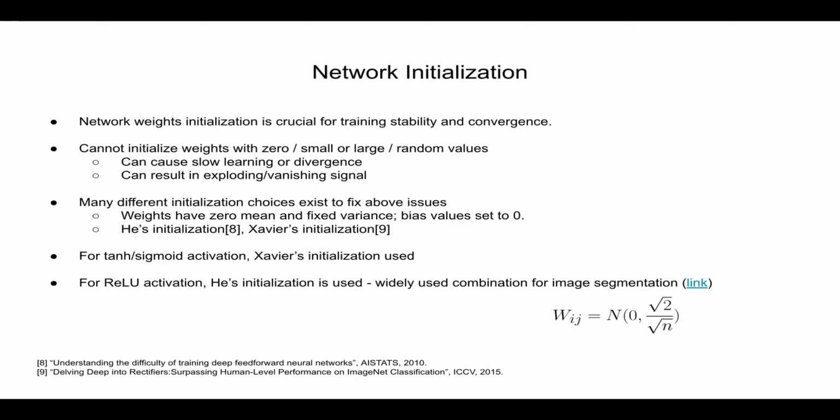It has been shown that this can lead to slow learning or divergence, and in some cases exploding or vanishing gradients. The two popular initializations are He's initialization and Xavier's initialization. For ReLU activations, which we use mostly in these image segmentation blocks, we use He's initialization.